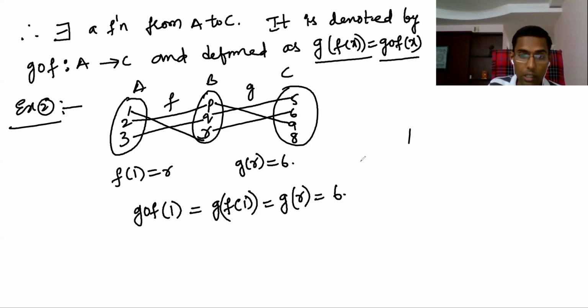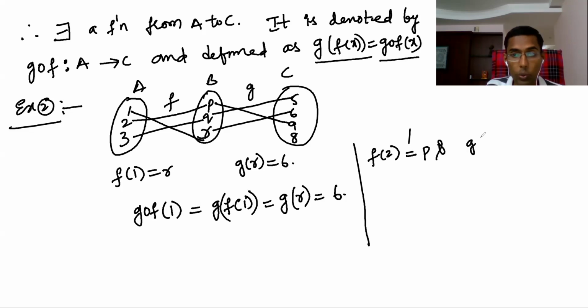Similarly, F of 2 is P, and G of P is 9. If you observe, we are coming in reverse: A to B, B to C, so G is written first.